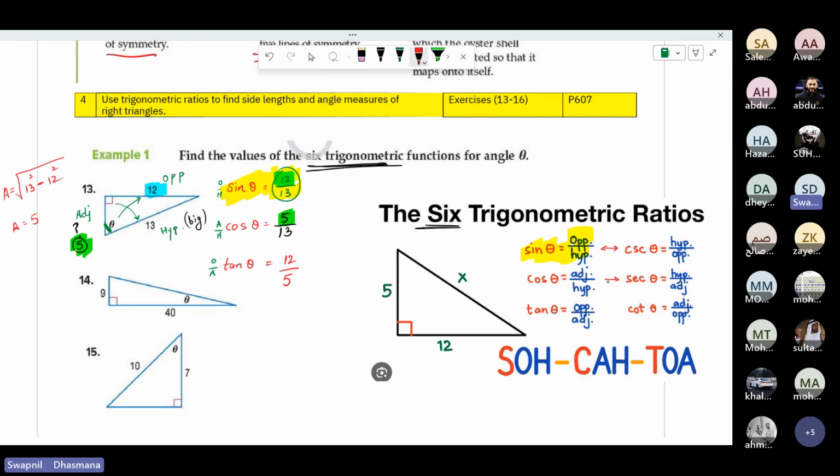What is the reciprocal of cosine? It's sec. So all you have to do is flip it upside down. I hope that's clear. Though there were no questions, if someone says find cosec, you will do the reciprocal of sine. If someone says find sec, you will do the reciprocal of cosine. If someone says find cot, you will do the reciprocal of tan. That is, flip it upside down.